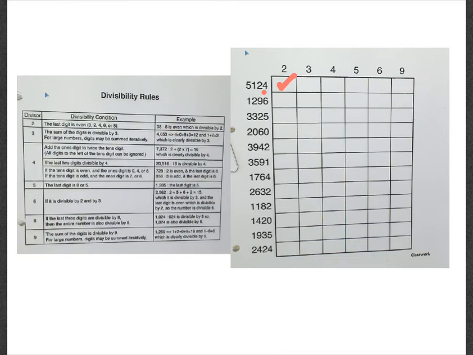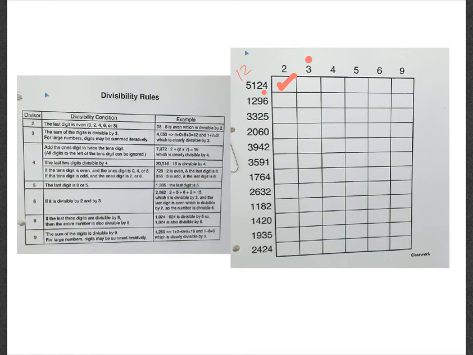For 3 and 9, I always make sure that I'm jotting down the sum of these. So 5 plus 1 is 6, plus 2 is 8, plus 4 is 12. So I'm going to write a little 12 over here off to the side.